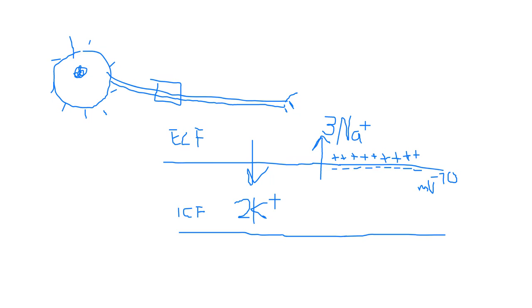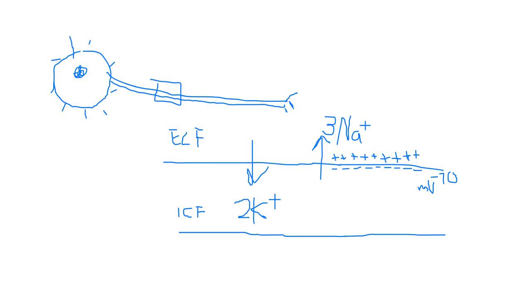Because of this voltage, this cell is excitable, so it's able to produce graded potentials and then action potentials. A good thing to know from this drawing is that if you're asked the difference between intracellular fluid and extracellular fluid, the big thing is that intracellular fluid is more negative and contains more potassium and less sodium. There's still sodium in there, it's getting pumped out, but more potassium is moving in.